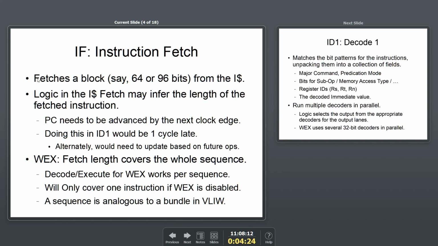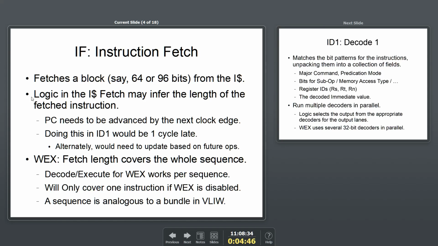So instruction fetch fetches a block of 64 or 96 bits. This depends mostly on the width of the core: a two wide core can get by with 64 bits, whereas a 3 wide core needs 96 bits.